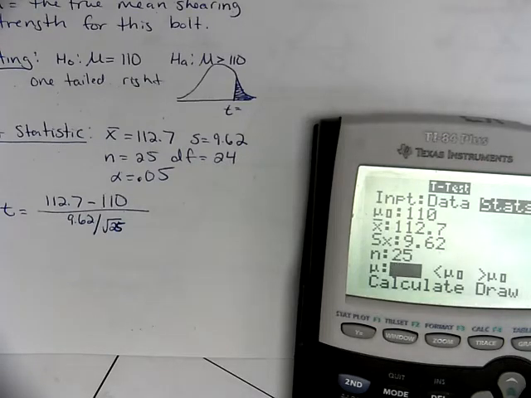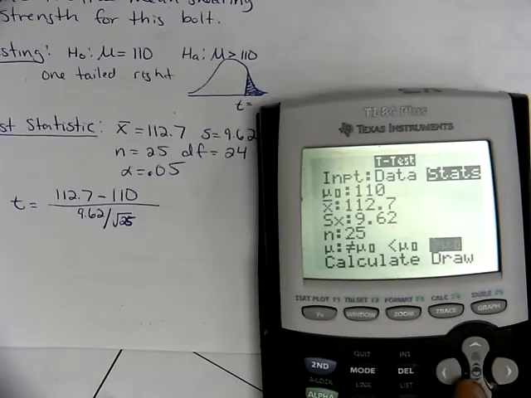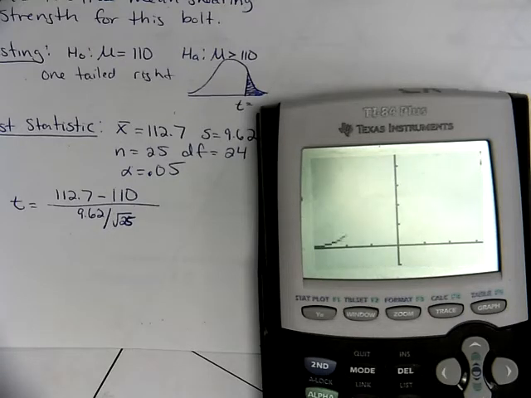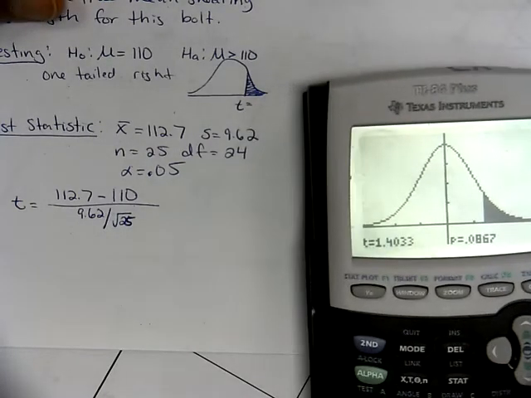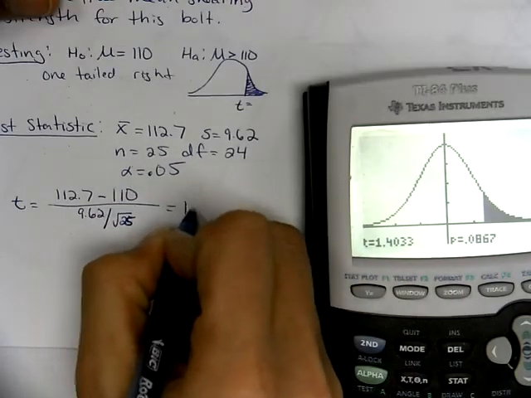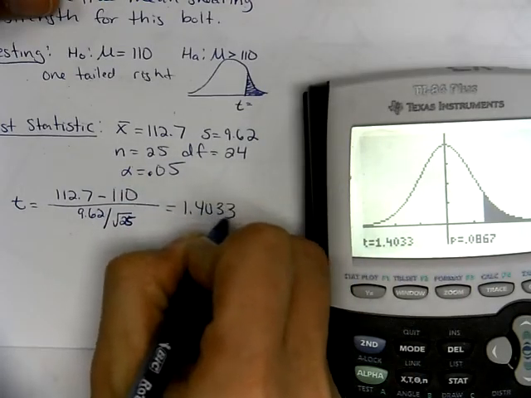So our alternate here was greater than. So again, you can either calculate it or you can draw it. I hit draw. So it gives you a t value 1.4033.